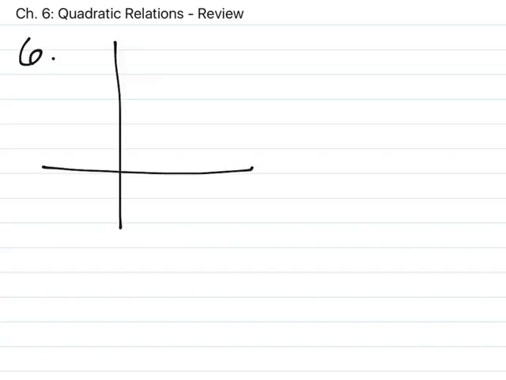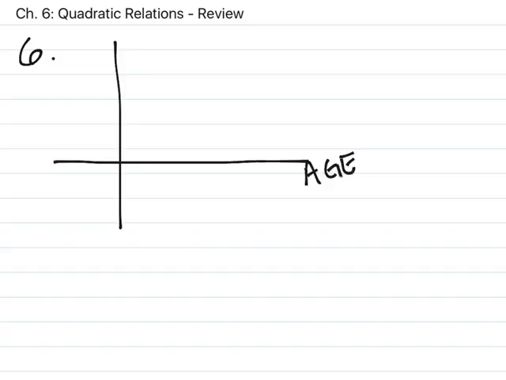So the graph would, so if this is age and this is number of rings, it would look something like this. Because every year we're adding 1 new ring.